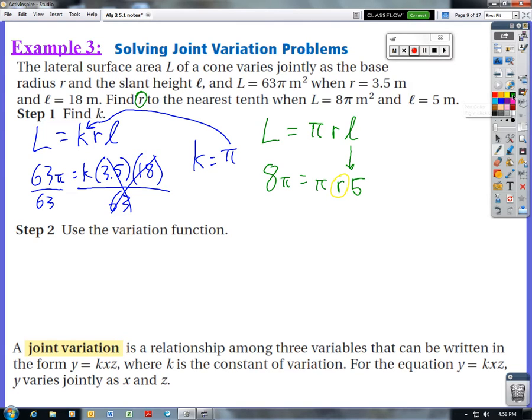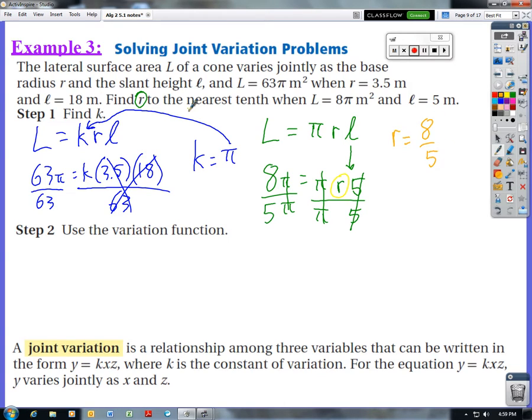So what do we do? We can divide this side by 5 to get rid of that 5. Divide this by 5. And then we can divide both sides by pi to get rid of that pi. And we have r is equal to 8/5.